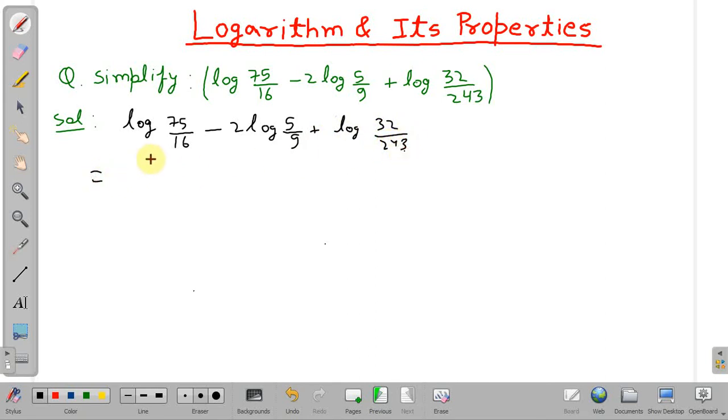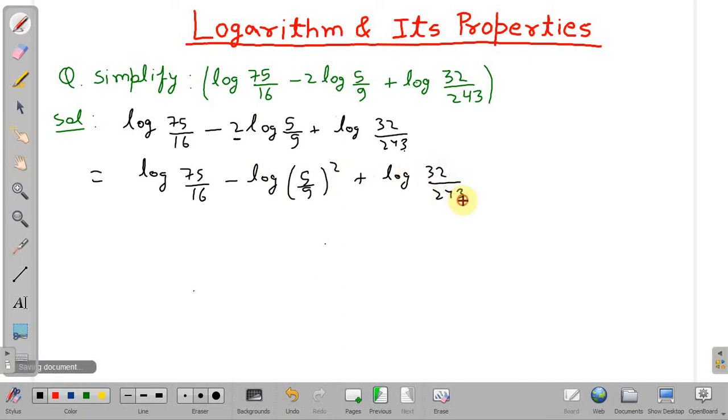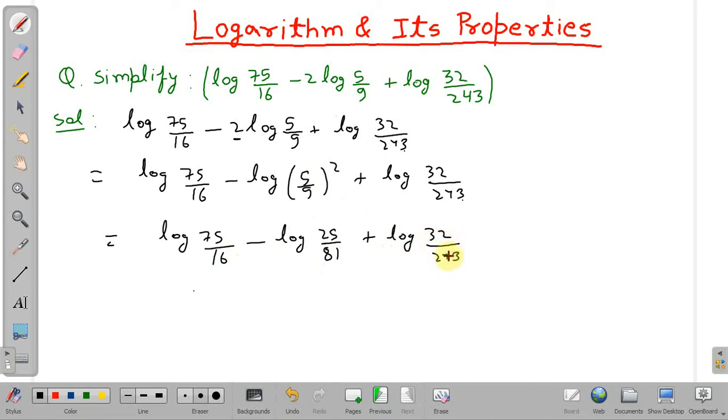Since 2 is here, we can take it as the power of 5 by 9: log 75 by 16 minus log of 5 by 9 to the power 2, plus log of 32 by 243. Now it can be written as log 75 by 16 minus log of 25 by 81 plus log of 32 by 243.